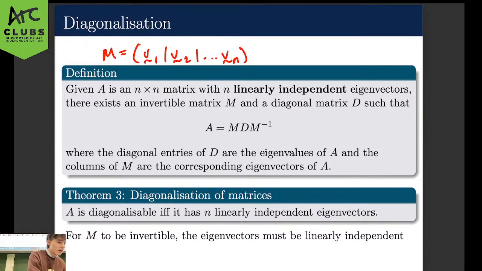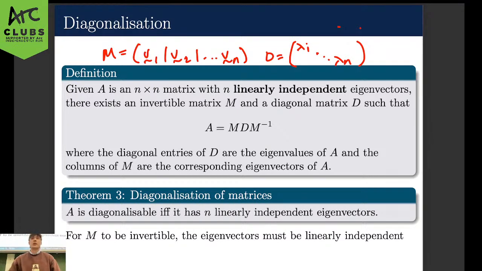And D is a diagonal matrix with the diagonal entries equal to the corresponding eigenvalues. So if lambda 1 is the eigenvalue corresponding to the vector v1, then the diagonal matrix has diagonal entries lambda 1, lambda 2, all the way up to lambda n.